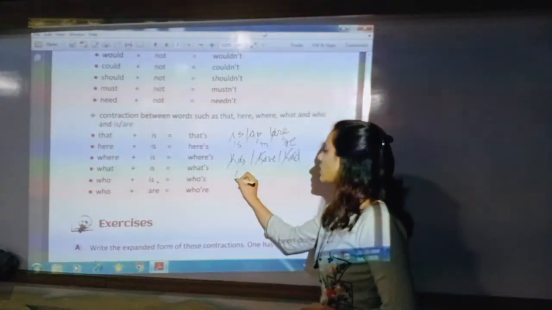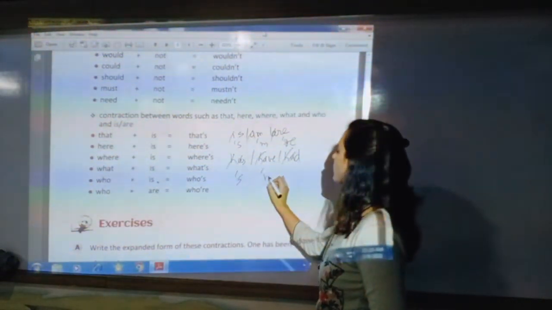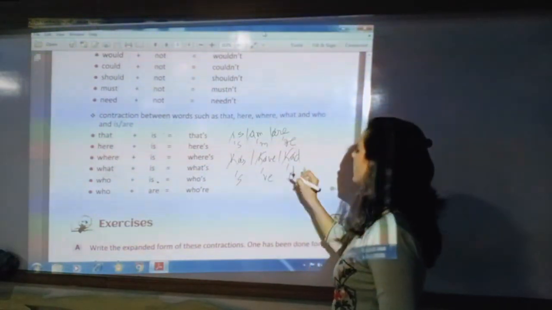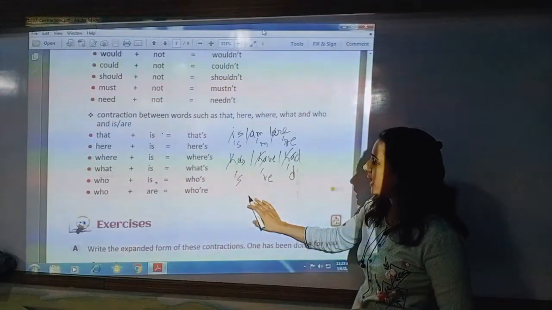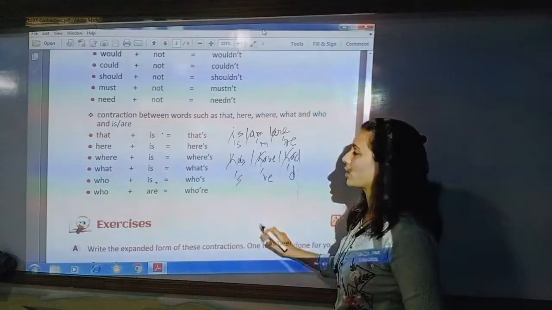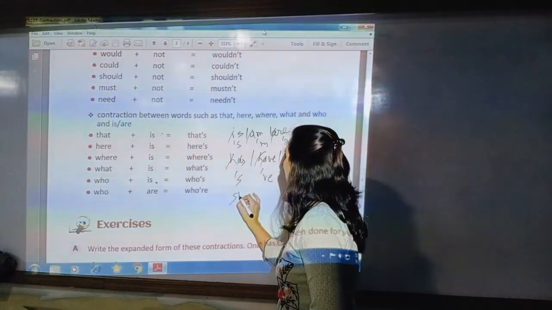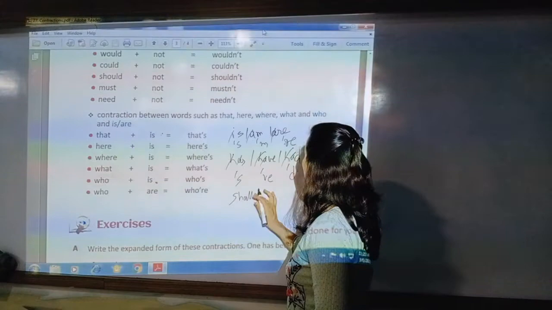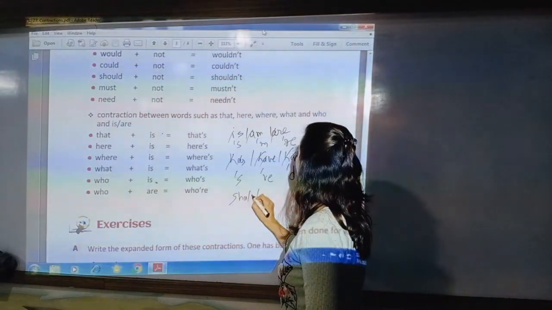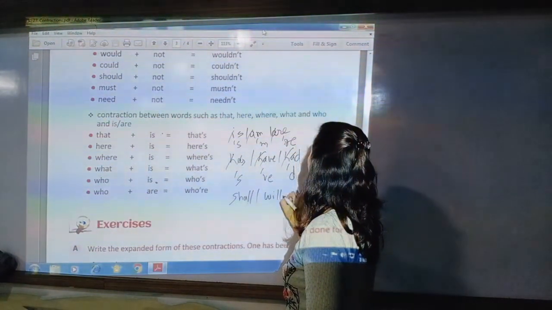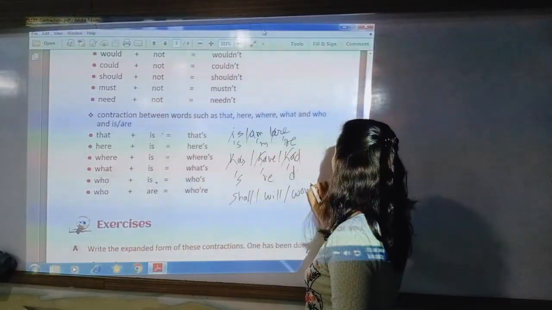And then the contraction will be apostrophe S, apostrophe VE, apostrophe D. Then we saw the contraction of shall, will and would.